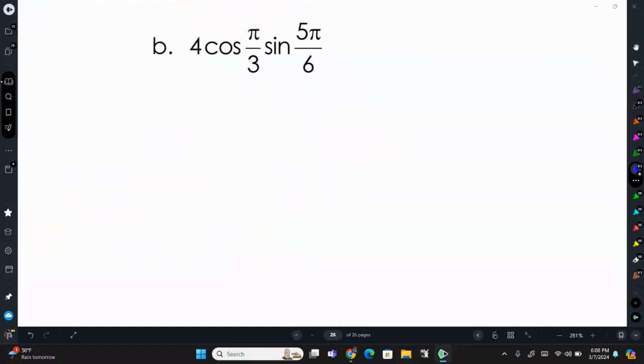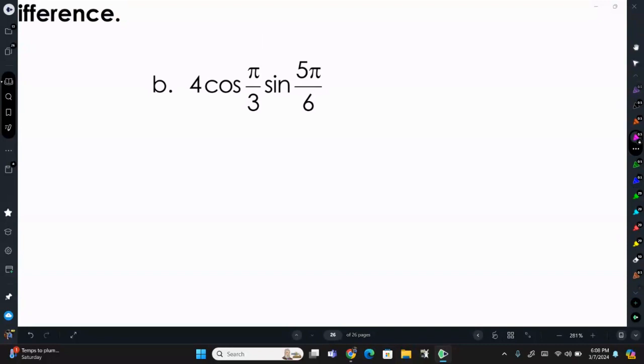Now, letter B, where we have actual pi radians, but the question doesn't say to simplify, it just says write as a sum or difference. So we're not going to evaluate anything. So this is a cosine. We have 4 cosine pi over 3 times sine of 5 pi over 6.